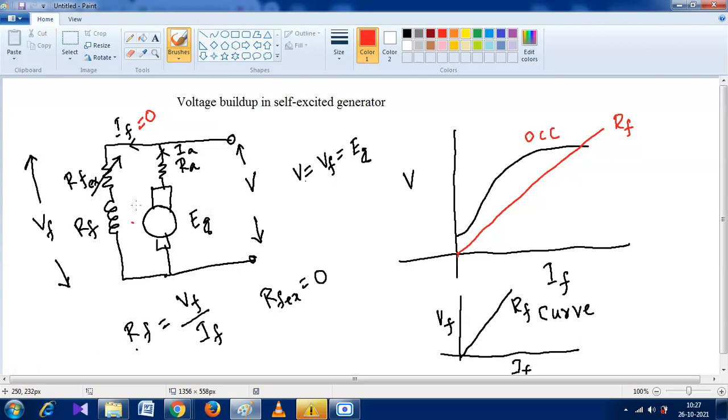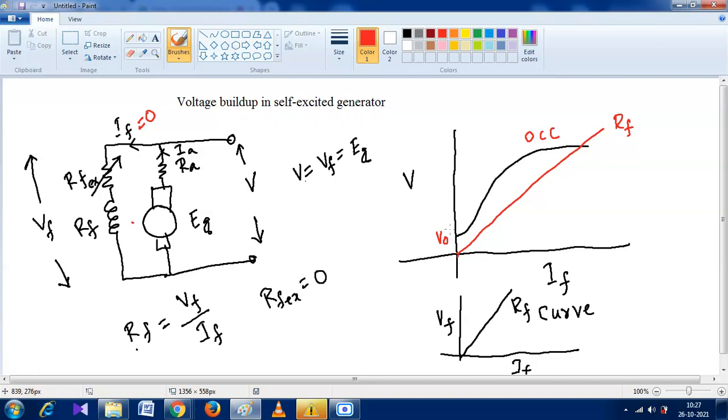Yes, sir. Then due to this residual magnetism, if we rotate the armature, is there any voltage? Yes, sir.